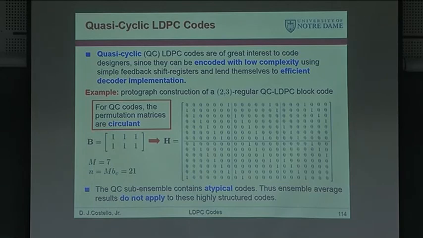And I think there are people that still don't understand that when you go to quasi-cyclics, you do pay. You may be lucky and pick a good one, but you can't be guaranteed to pick a good one like you can if you choose randomly with high probability, okay? In fact, most of these will not have linear distance growth. There's too much structure. They may have good minimum distance for certain lengths, but the minimum distance is not going to grow asymptotically with n.